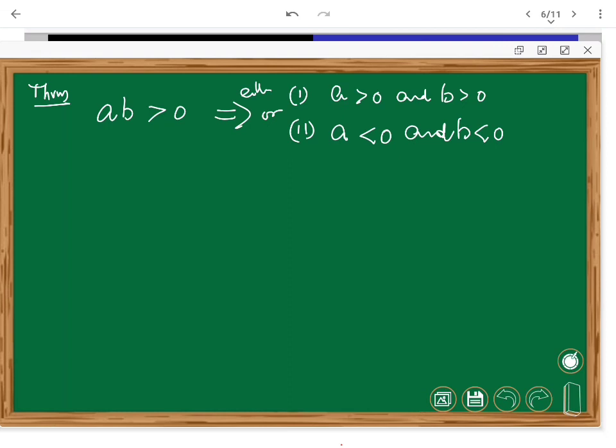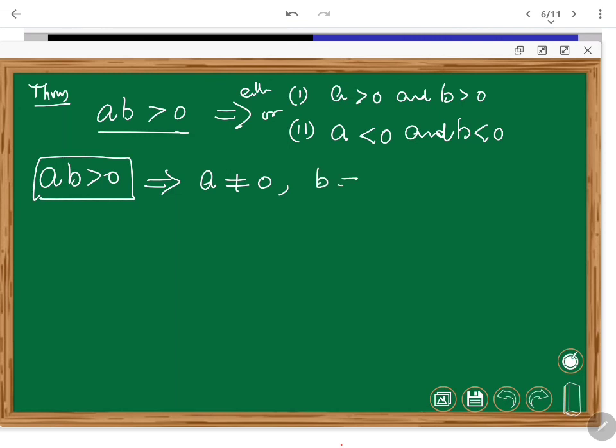So how to prove that? Our assumption is AB is greater than 0. But AB greater than 0 immediately says that AB is not equal to 0, which again says that A is not equal to 0 and B is also not equal to 0.